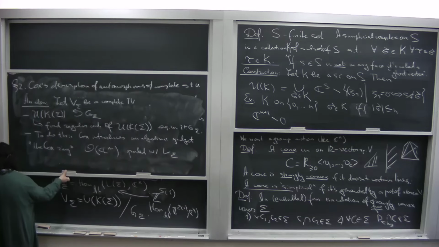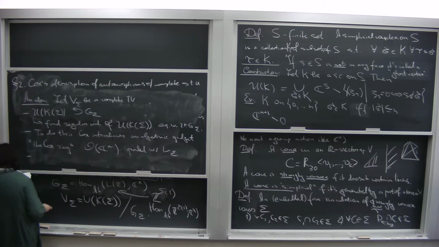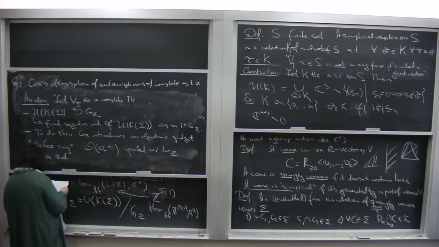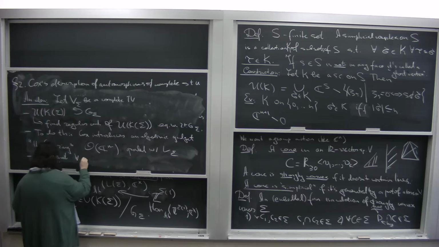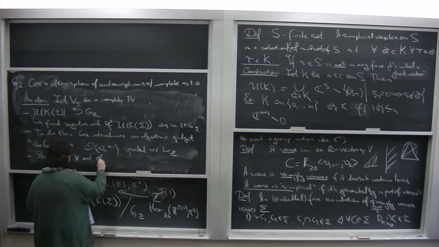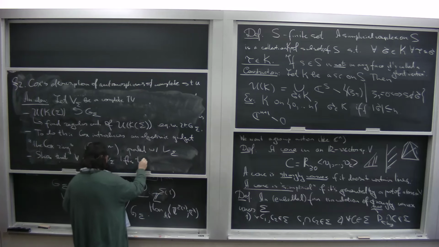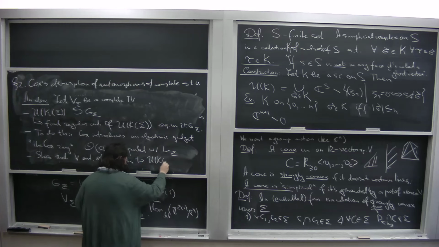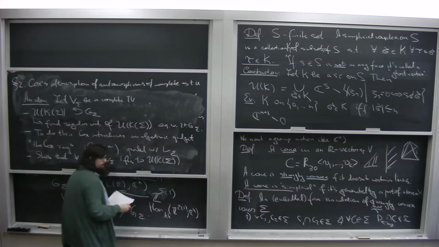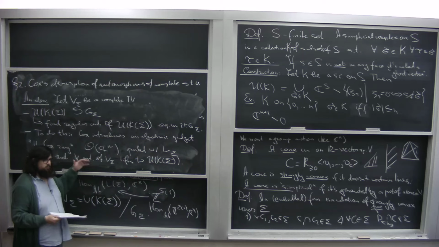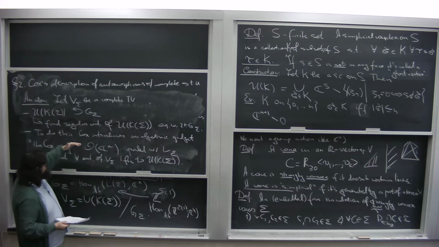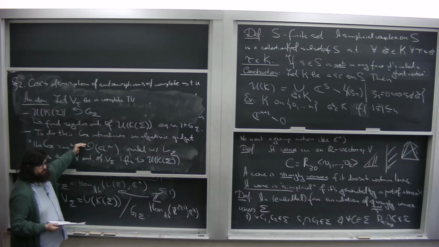Then the next step is to show that any automorphism of this sigma lifts to this link. And after that, it's sort of easy. You just have some sort of algebraic group which consists of graded automorphisms.